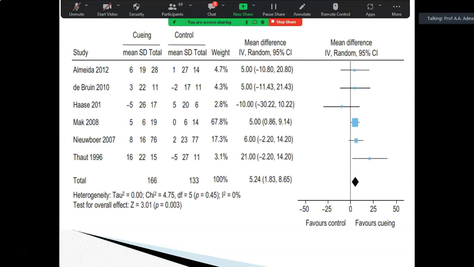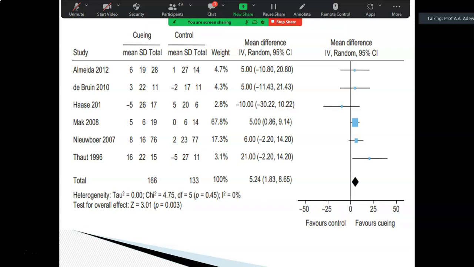Yeah, this is a typical result of a meta-analysis. And this is what we call the forest plot, the one on the right of the screen. We can see that we have 1, 2, 3, 4, 5, 6 studies here, and they have all been aggregated as total here. We can see the mean, the standard deviation, 95% confidence interval here.